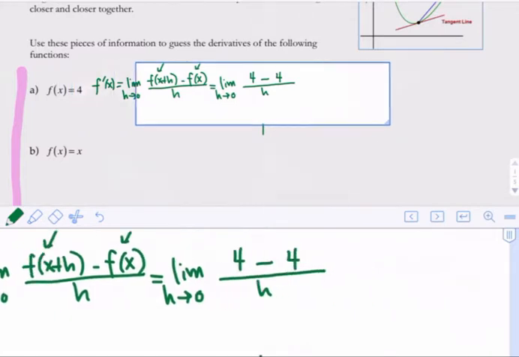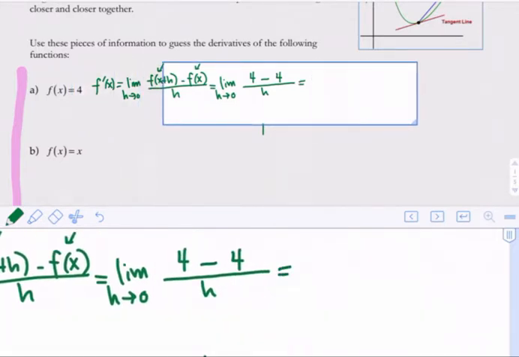So what we get here is the limit as h approaches 0 of 0 over h. Here's a quick note. Is this going to be 0 over 0? Is this an indeterminate form? You've talked about limits of 0 over 0 in the past and how that's indeterminate, and you have to work on that.